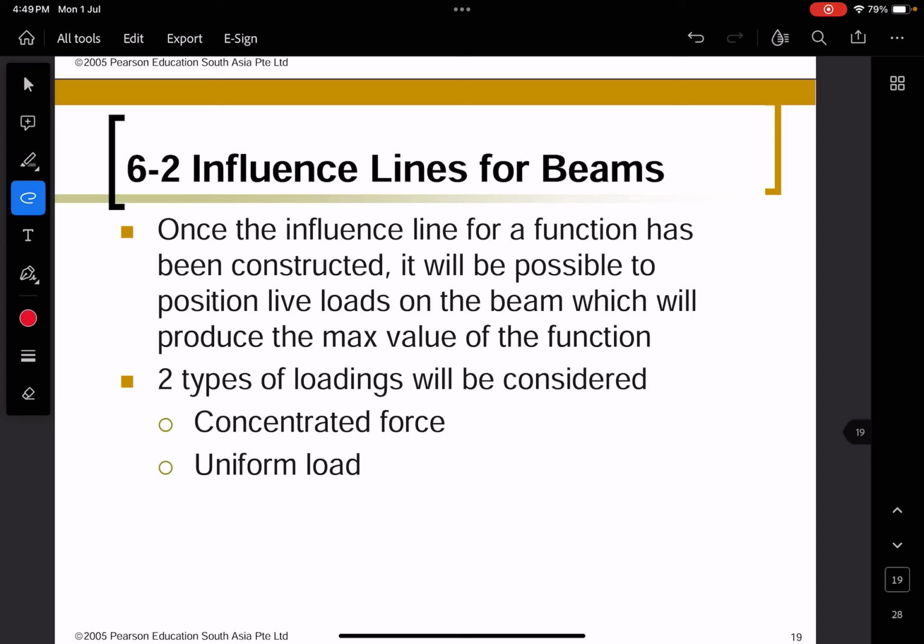Normally for a beam, we have two types of loading. We have concentrated load like this, a point load. So this is what we call concentrated load. And the other type that is commonly used is the uniform load, which is like this. You have a uniformly distributed load along the beam.